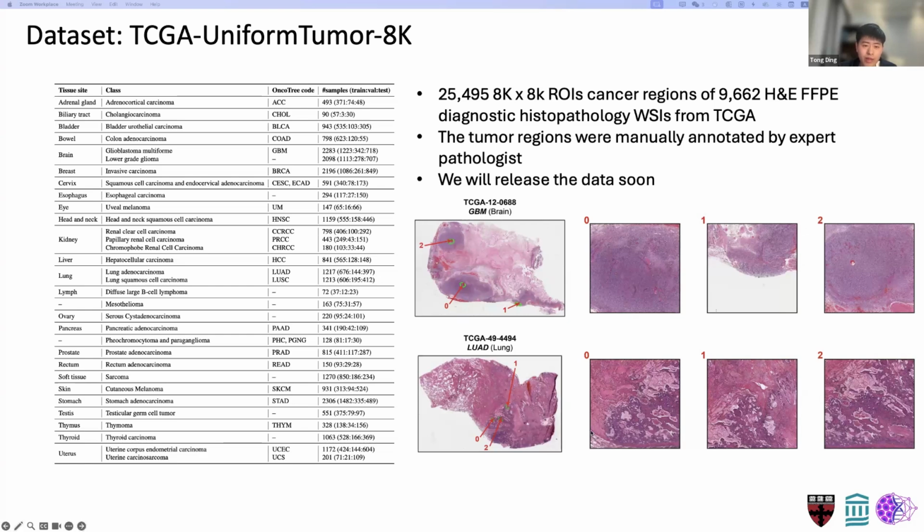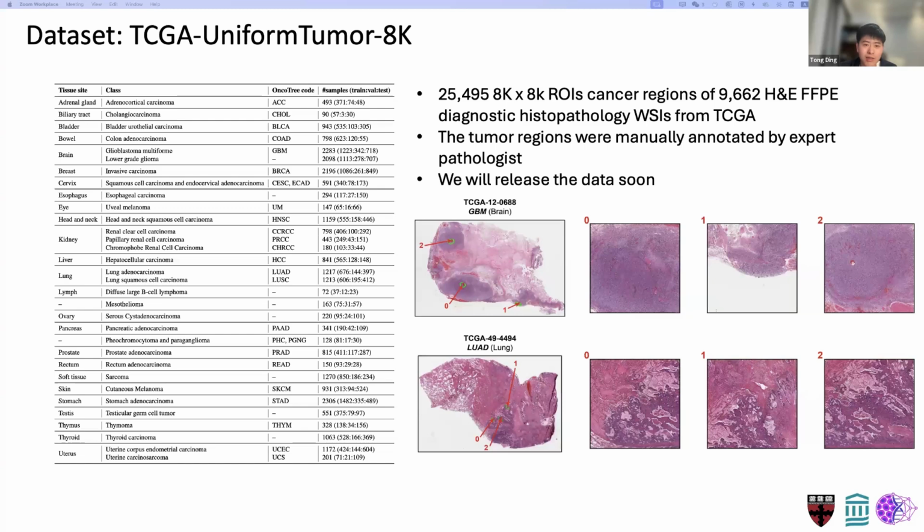And I wanted to know that, so the creation of these datasets has multiple purposes. First is that because our model was trained at 8K by 8K level, we wanted to test also on the 8K by 8K level before evaluating on the whole slide level to see if our self-supervised training is successful.